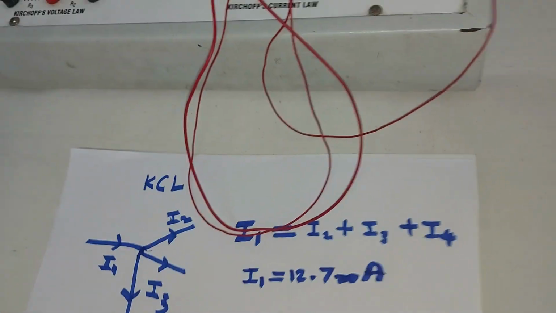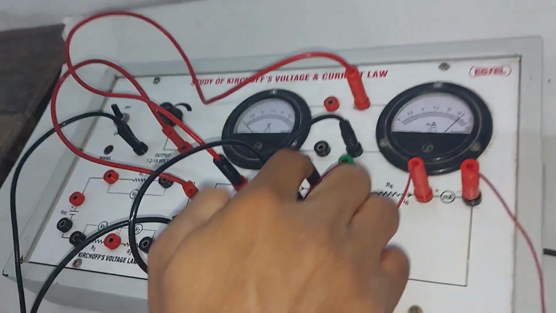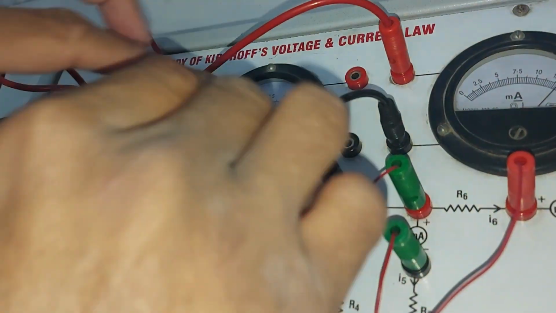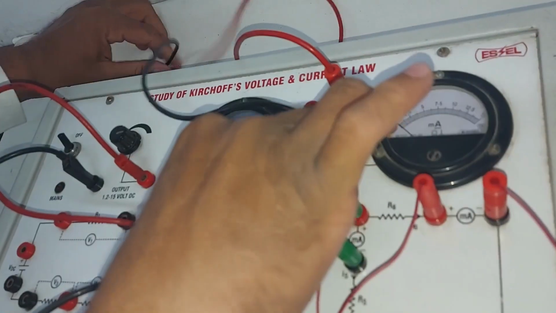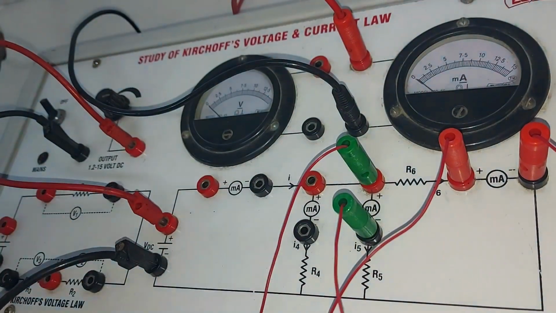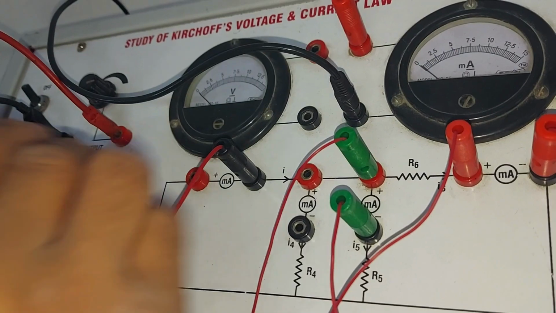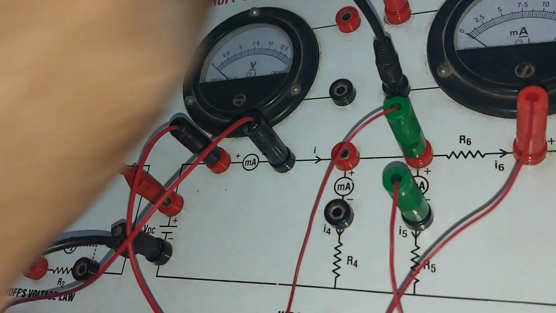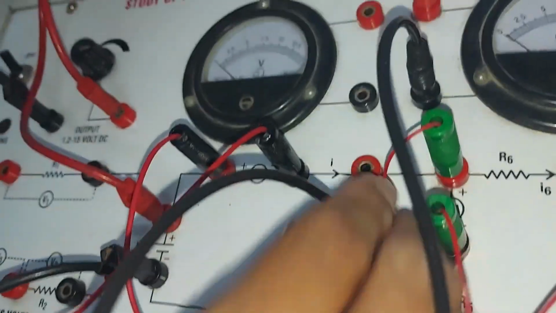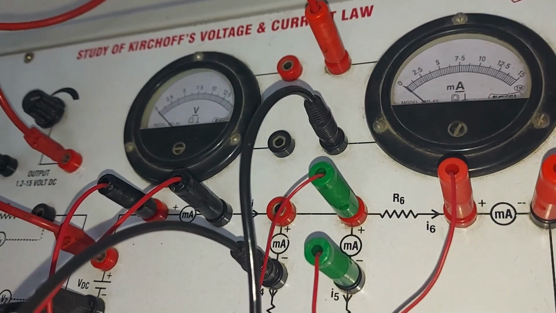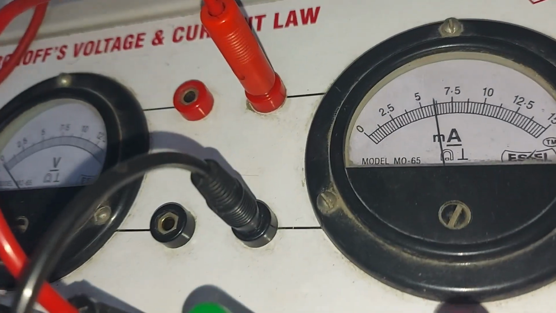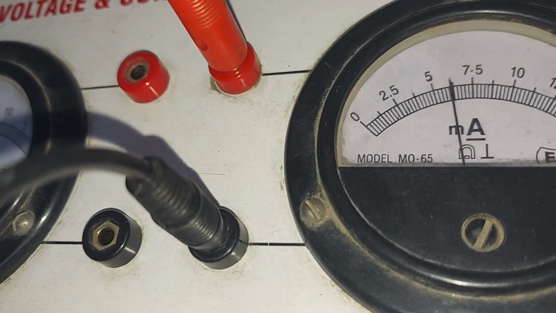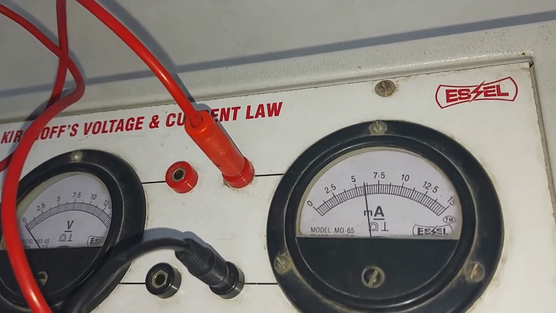Now, I will measure the next current, say I2. For measuring this current, I have to remove this circuit from here and fill this gap first and then reconnect it over here. Now we can measure I2.